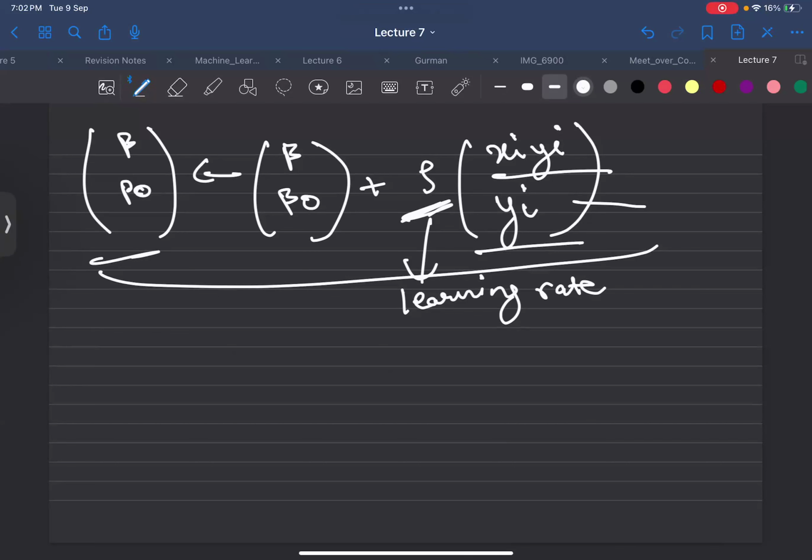Exactly, you are correct. But we are updating both beta as well as beta naught. I'm doing SGD. If you're doing GD, then you sum the gradients of all misclassified points, then update only once.